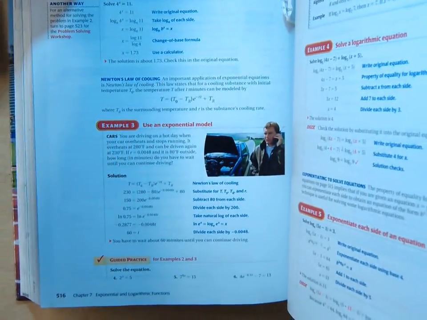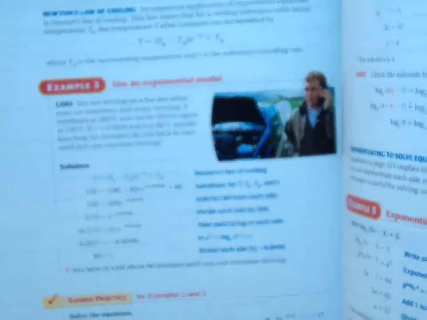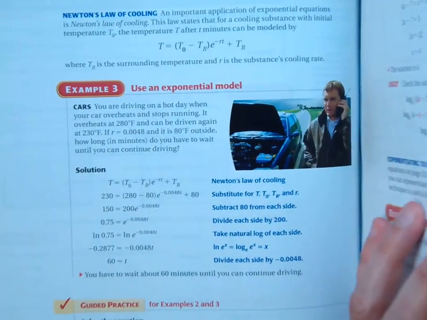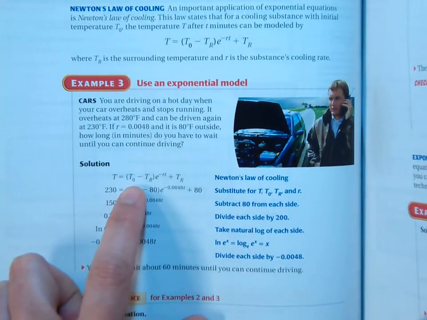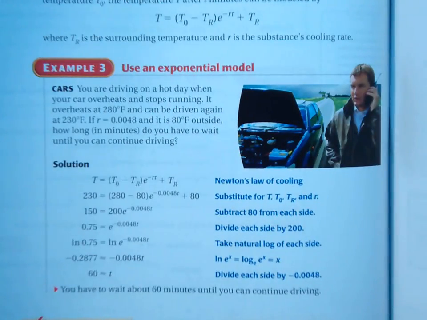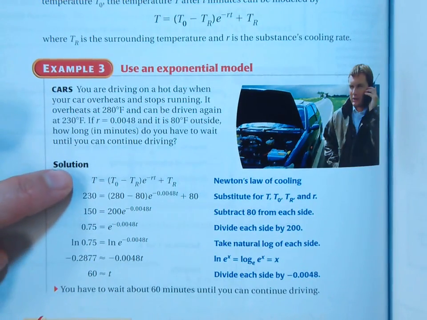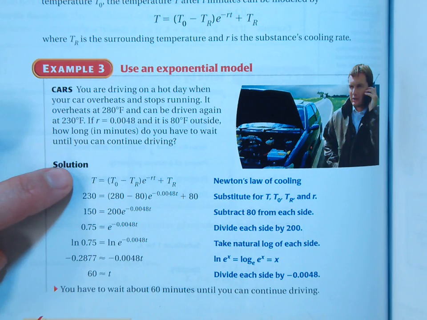I'm going to zoom in. This is the page right here, example 3, okay? So this formula right here, when you do your problems, it doesn't tell you this equation in the problems that you do, so you have to go back to this page and pull up this formula.